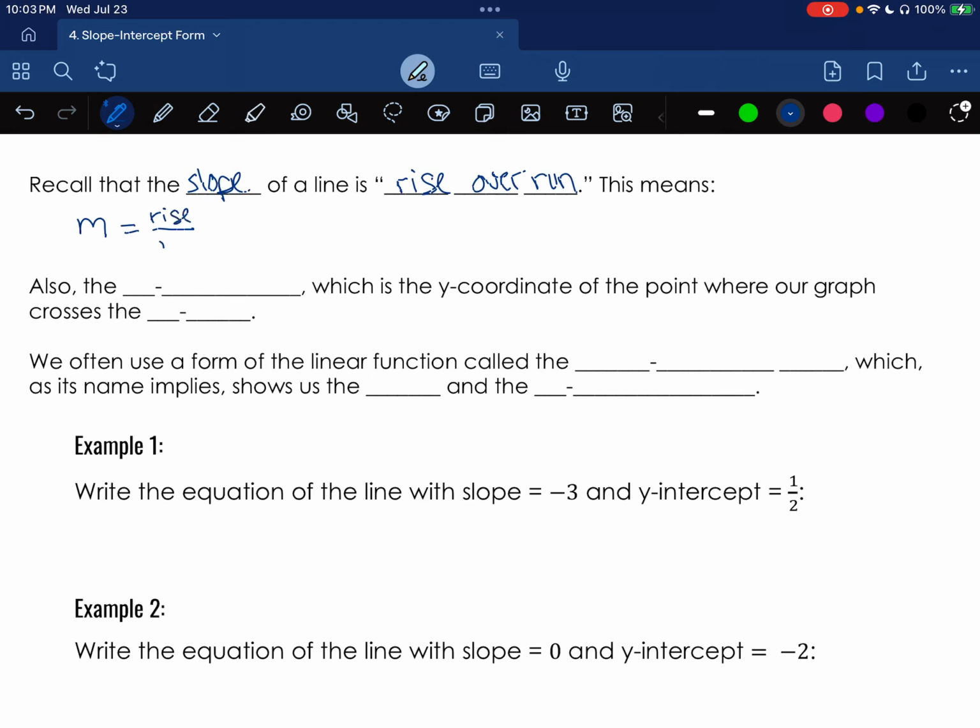Or you might see this symbol here is delta. We say it change. So the change in y over the change in x. Or you might see it as y2 minus y1 over x2 minus x1.